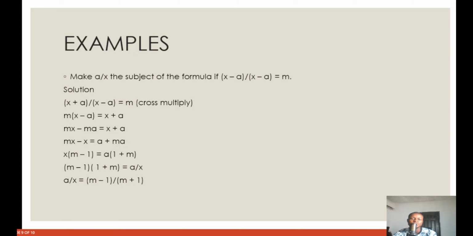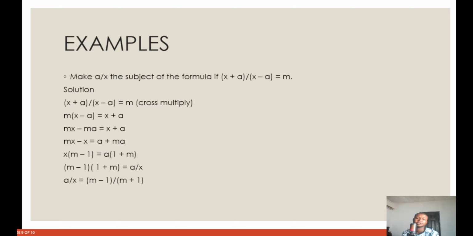So with this we should be able to solve this ourselves, and we can actually make a over x the subject of the formula if this is given. So you can actually check the way we have done it. You can pause the video here and check how we have actually worked out the solution.